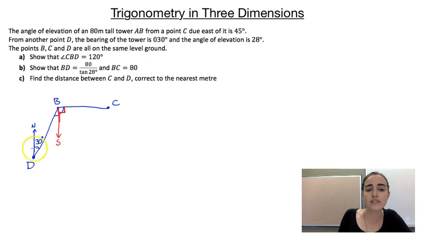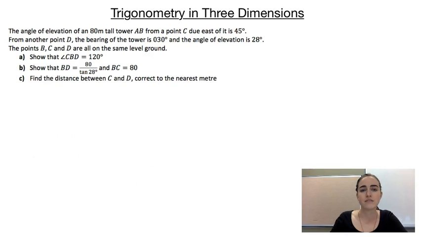We also know that south and north have to be parallel lines, which means that this angle in here has to be 30 degrees because it's alternate with that one. So our angle CBD has to equal 90 degrees plus 30 degrees, which gives us our 120 degrees.